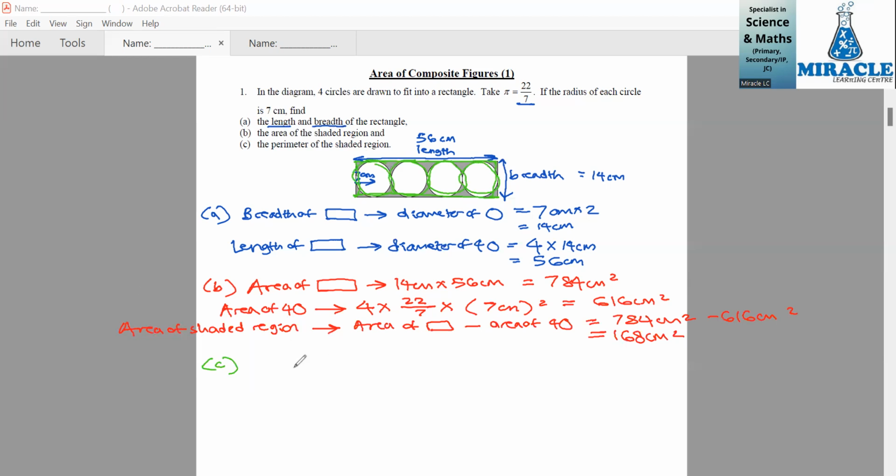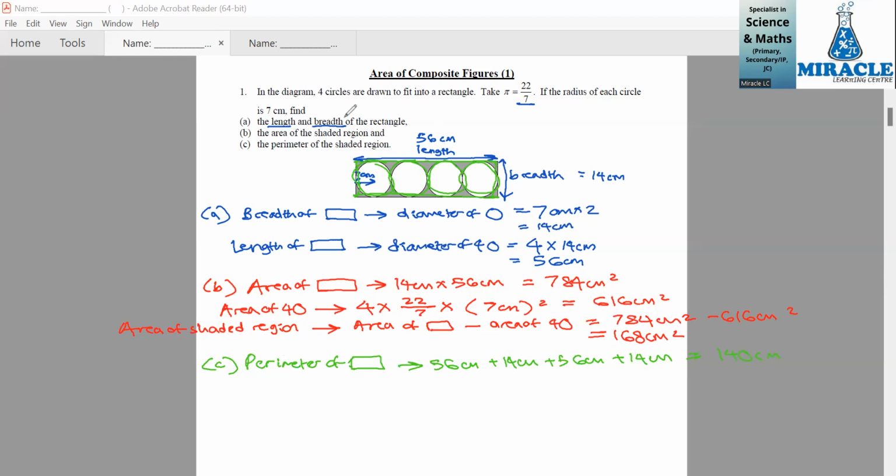First, let's find the perimeter of the rectangle. The perimeter would be length plus breadth plus length plus breadth. So just go around the rectangle. This would be 56 cm plus 14 cm plus 56 cm plus 14 cm. And this gives us 140 cm.